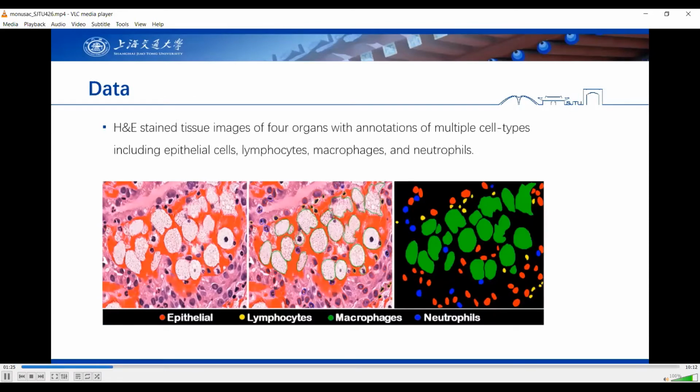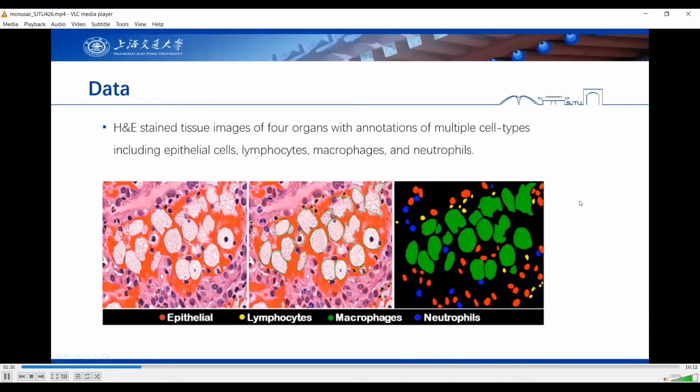In this challenge, organizers provide H&E stained digitized tissue images of 4 organs with annotations of 4 cell types. In total, the training set contains 31,411 hand-annotated nuclear instances. This picture shows an example of annotated images.